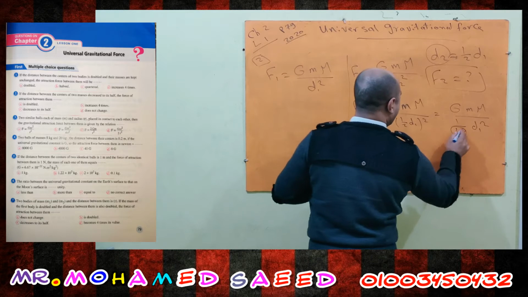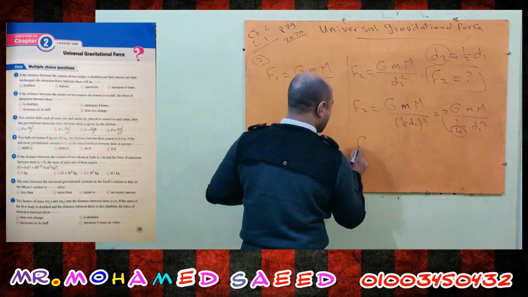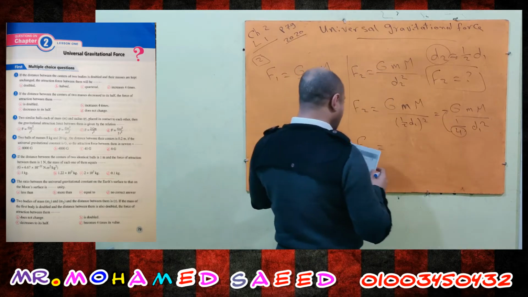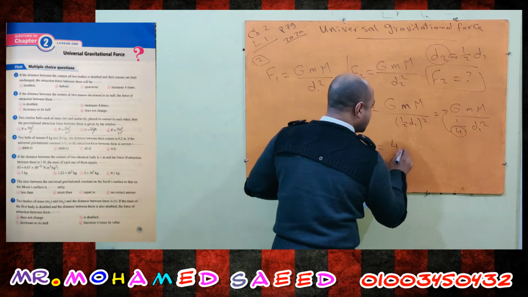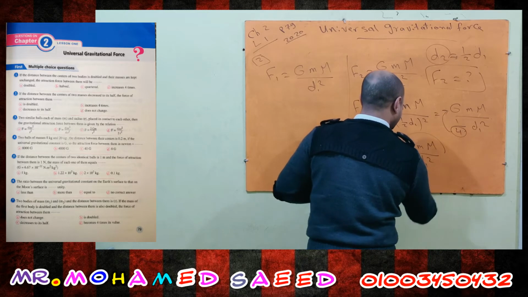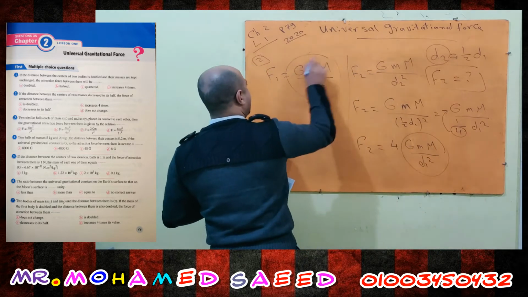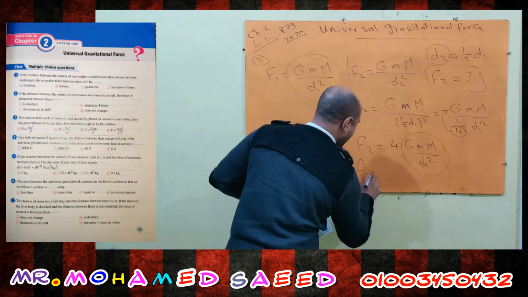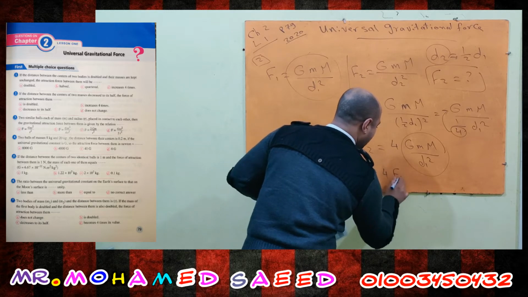So 4 can be placed at the numerator: 4 G M small M capital over D1 square. This part equals F1, so F2 equals 4 F1.